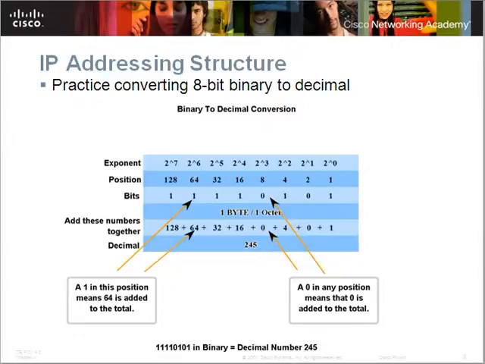That's the conversion: the binary number 11110101 is converted into the decimal number 245. We'll discuss initially how to convert binary to decimal and decimal to binary.